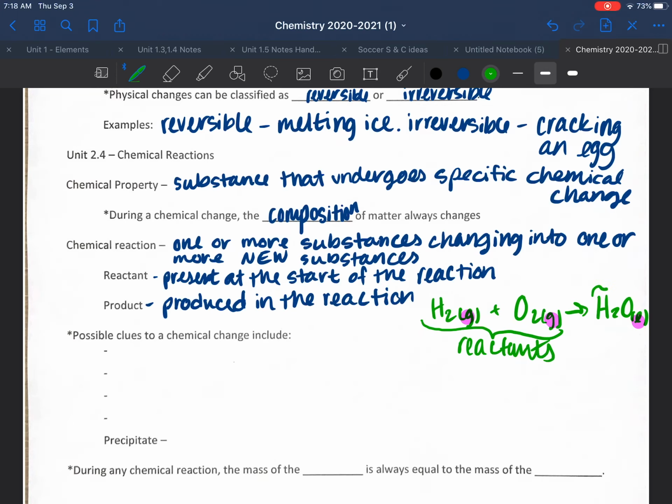And then we have water as our product. And all this arrow represents is that there is a change going on. We're going from our reactants changing into our product. Any questions about this?